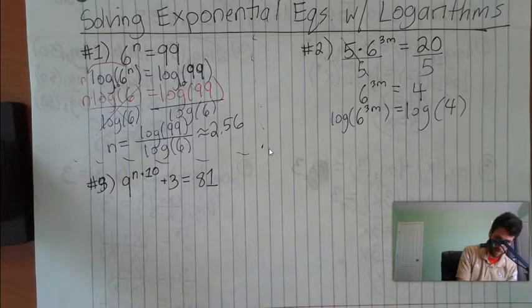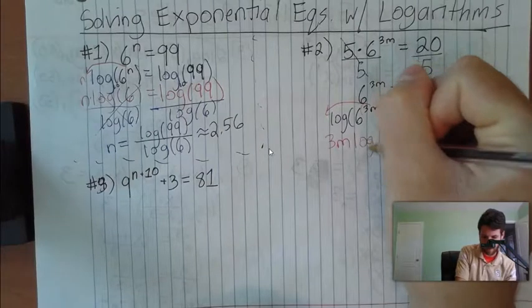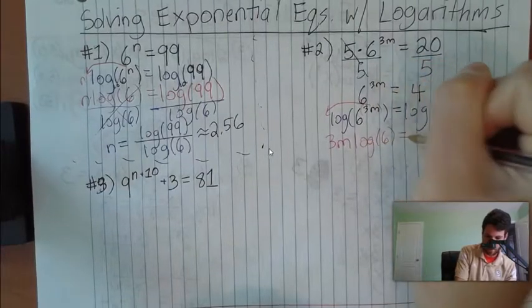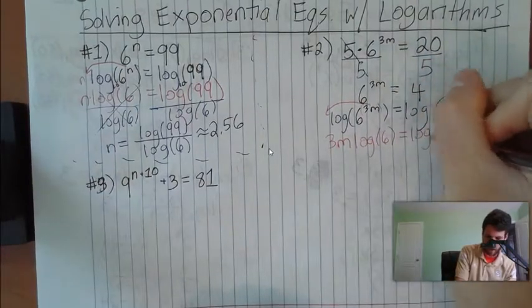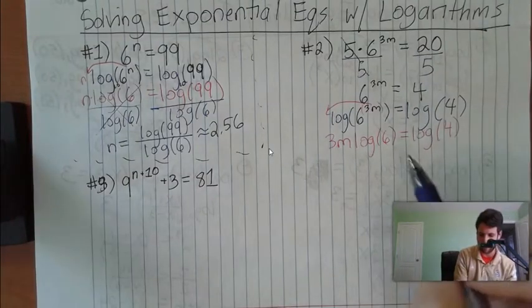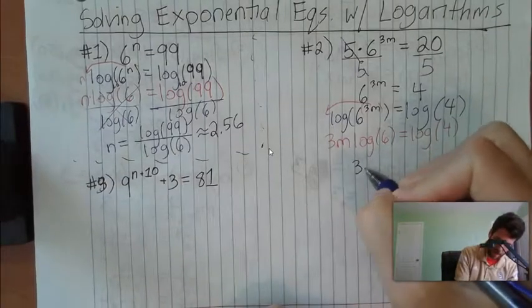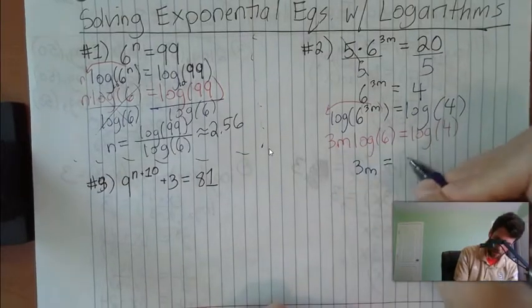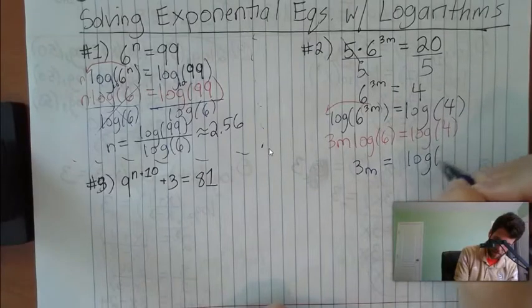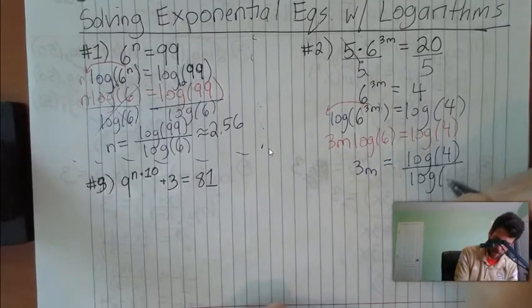So we have 3m log of 6 equals the log of 4. Then we're going to divide both sides by log of 6. So that means that we have 3m is equal to log of 4 divided by log of 6.